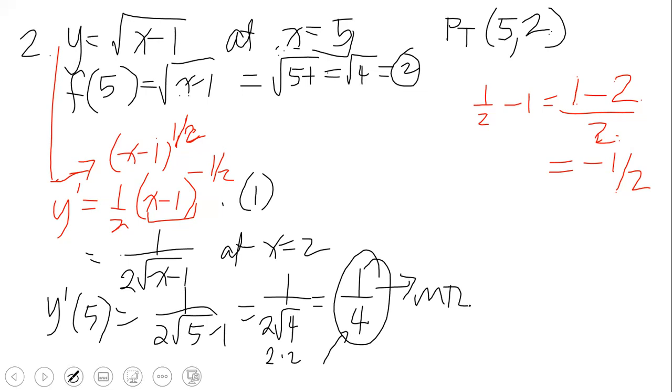So you already have the point and the slope. Let's use the equation of the line. For the tangent line, the point is (5, 2) and the slope of the tangent line is 1/4.